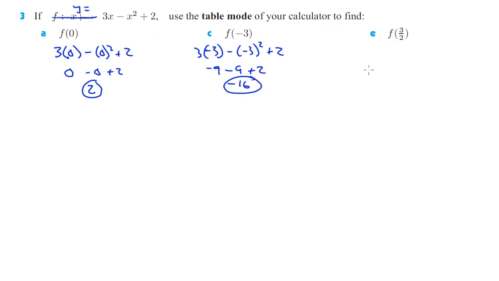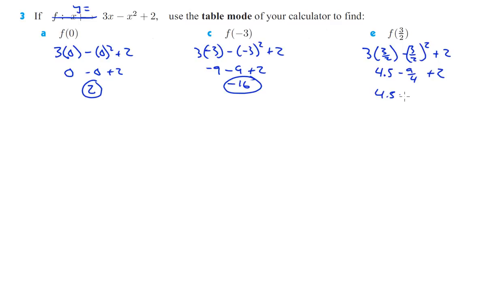Letter E, f of 3 halves. So 3 times 3 halves minus 3 halves squared plus 2. So 3 times 3 is 9, divided by 2 is, let's turn this into a decimal, 4.5. 3 squared is 9, 2 squared is 4, so that's minus 9 fourths plus 2.